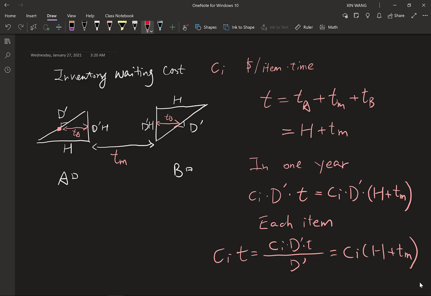Okay, so this gives us the inventory waiting cost per item.